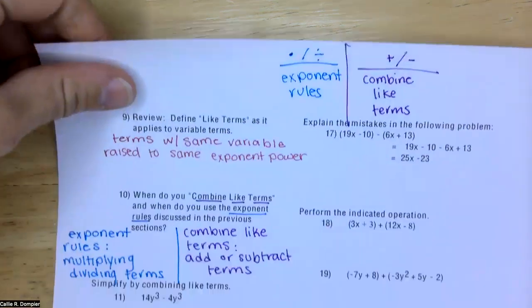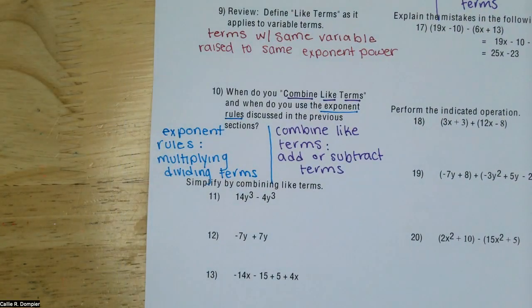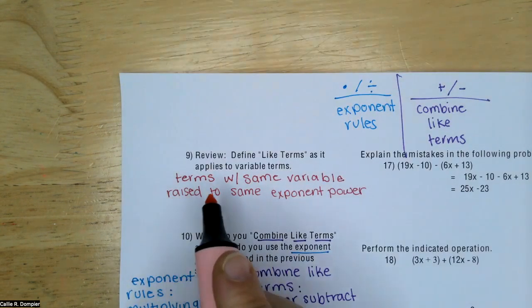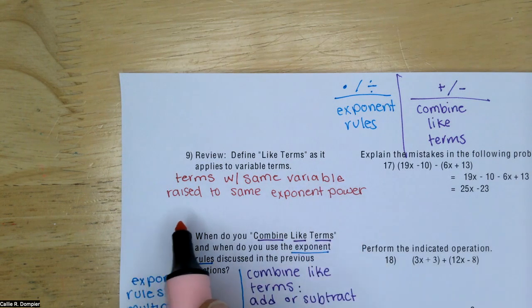All right. Okay. Simplify this by combining the like terms. We are not using exponent rules. We are just combining like terms. Make sure that your terms are truly alike. Combining like terms, terms with the same variable raised to the same exponent. We are not looking for the same coefficient.